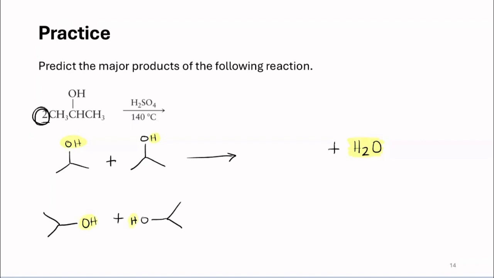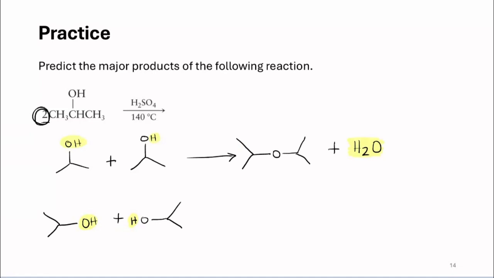These atoms still form the water, but when I draw the product, I write the first part of the alcohol, I connect it to the oxygen of the next, and then the rest of the molecule.